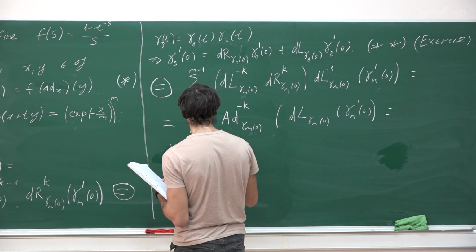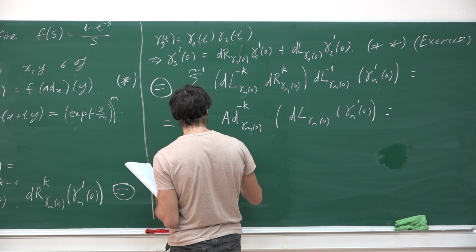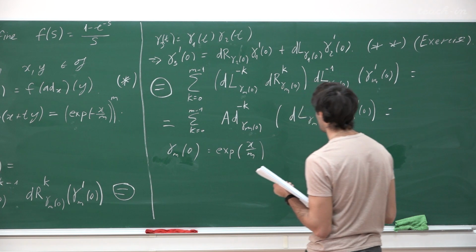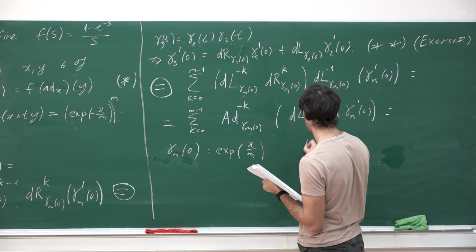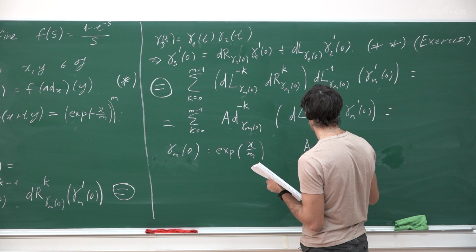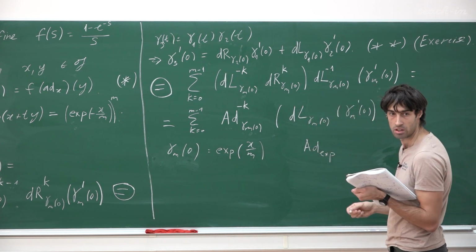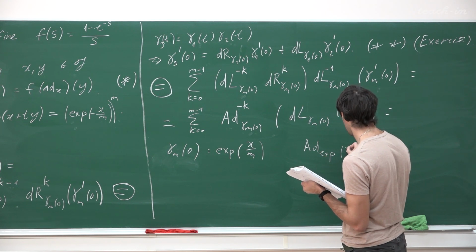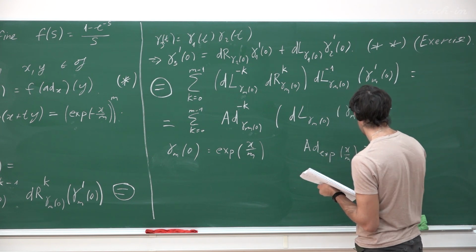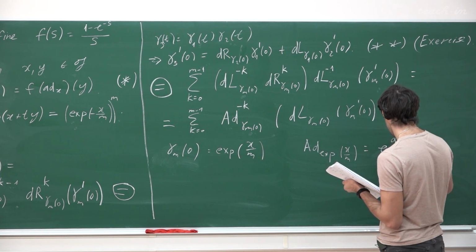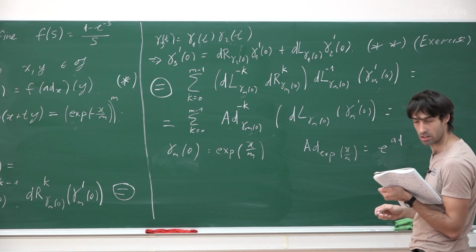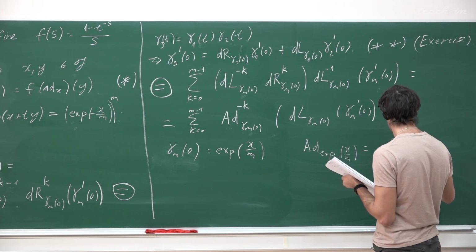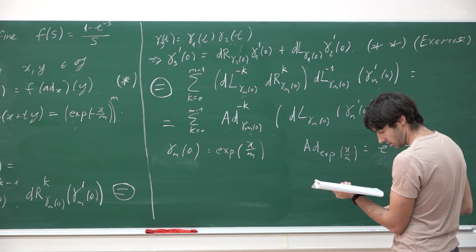It is exp of x over m, right? So I have here Ad exp of x over m, and this is actually e to the small ad of x over m, right?